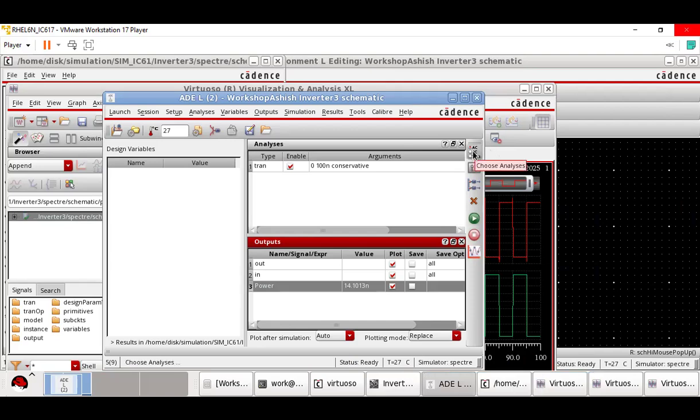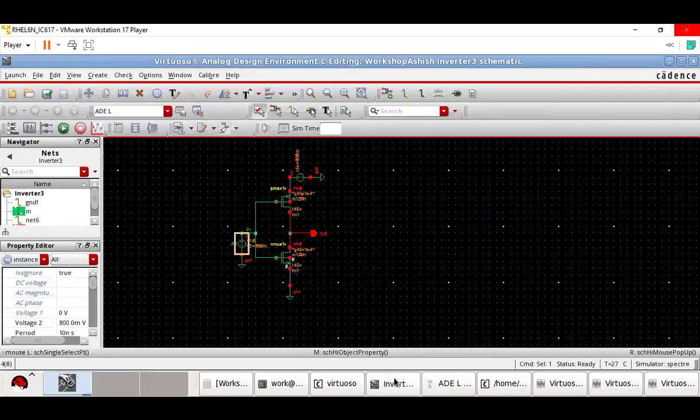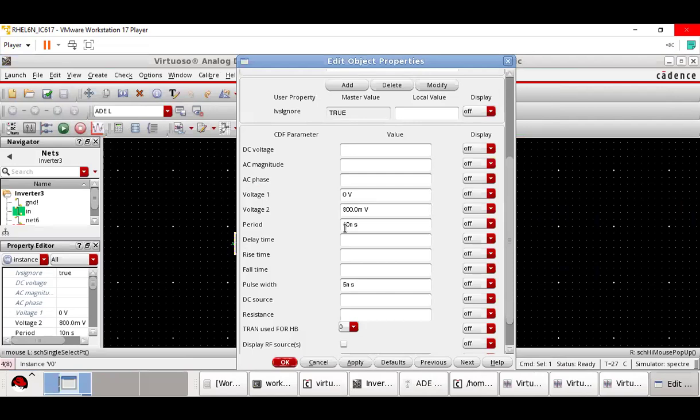So what are the types of power we have seen? We have seen the switching power, the short circuit power, and the leakage power. Now let us reduce this frequency once more so that we can be sure this has an impact. I make it 40 nanosecond and 20 nanosecond.